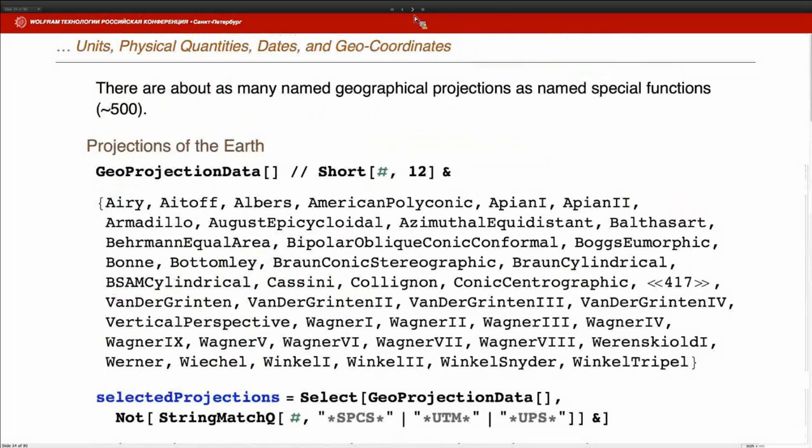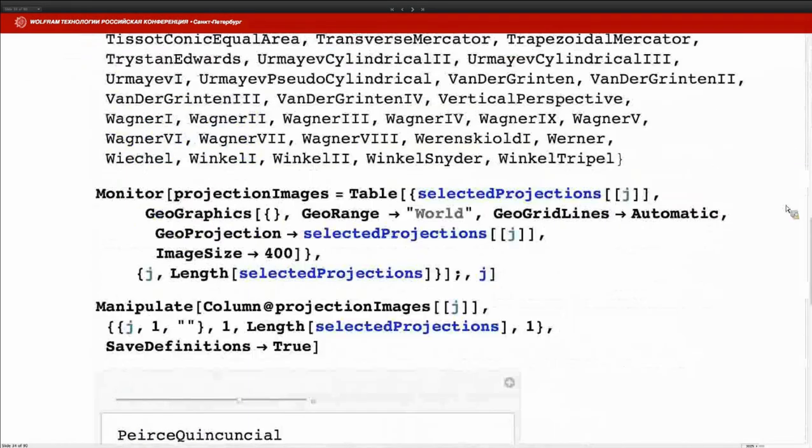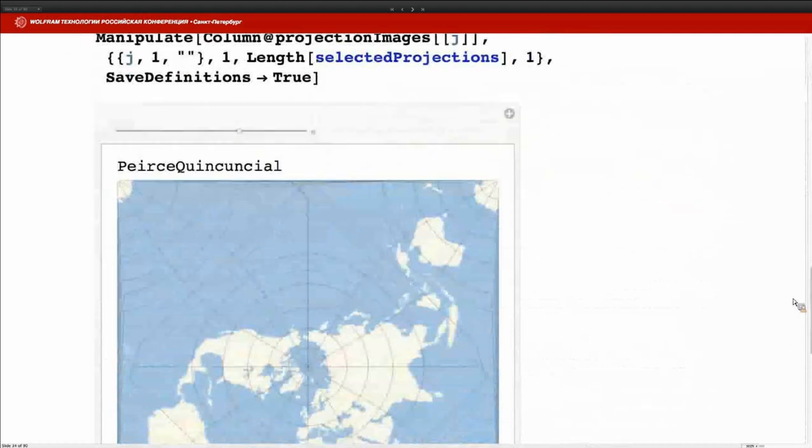There are many special functions, as you know. There's sine, cosine, Bessel, tangent, elliptic integrals. With respect to geographical calculation, there is a very tight parallel. These are geographical projections. There are many geographical projections, around 500 with a name. We have a couple hundred right now. We are working on more.